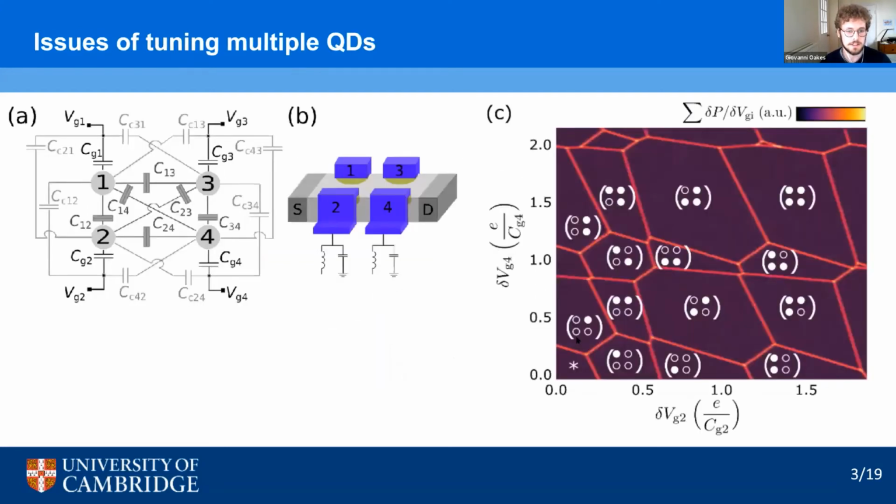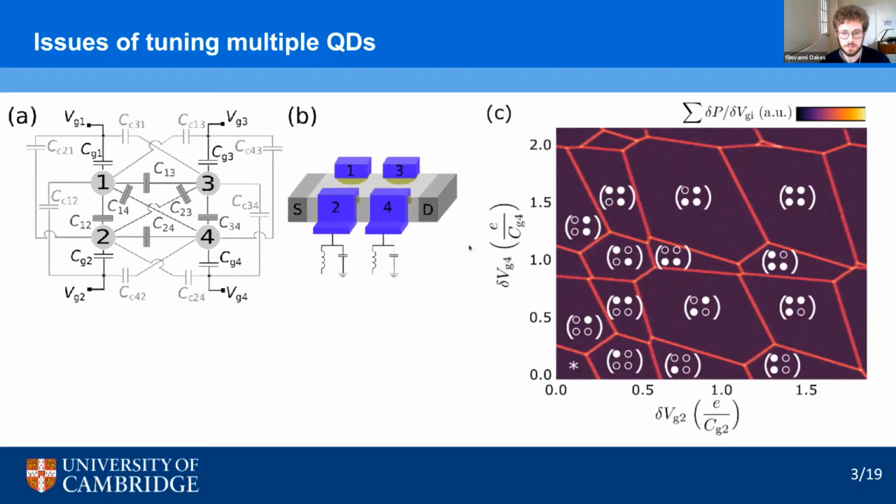And if we extend the number of quantum dots, so for instance, for a 2x2 structure, we then have a much more complicated network of capacitors with many more cross couplings. And so as a result, we can end up having much more complicated stability diagrams, making it much harder to interpret what line corresponds to what transition and how to control each quantum dot independently.